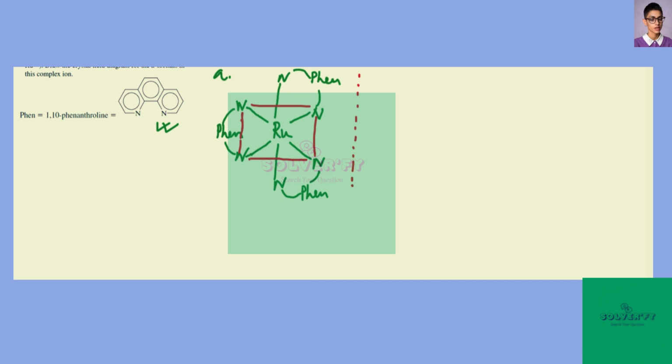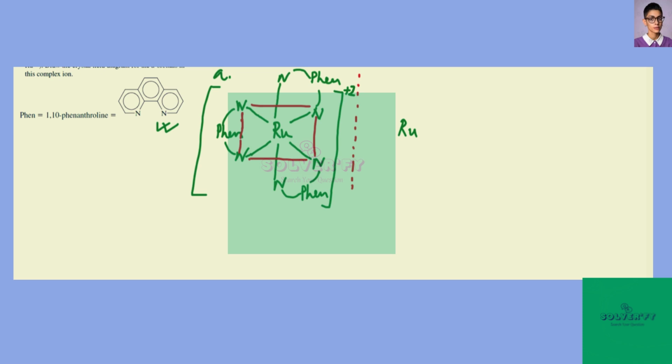So we can write the mirror here, and after that we can again draw the mirror image of this complex, that is Ru at the center, ruthenium, at +2 oxidation state. This whole should be inside the bracket, and outside the bracket it should be +2.